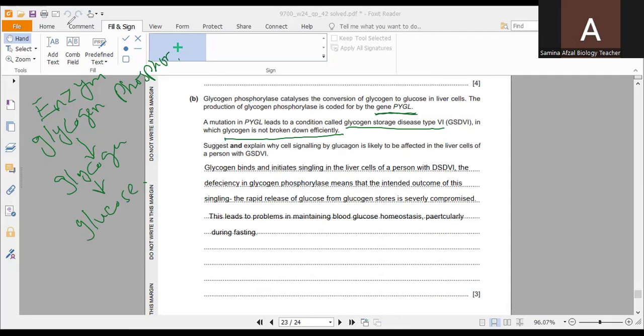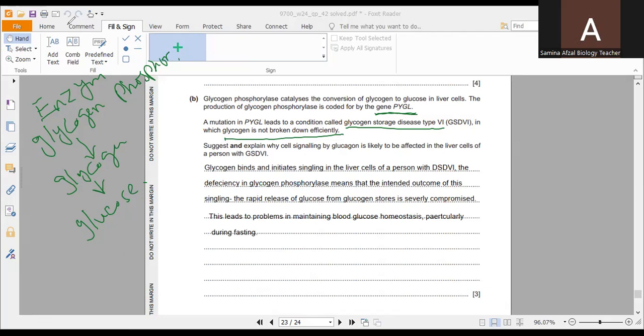Glucagon is that hormone which is secreted instead of insulin, when there is less glucose level inside the blood, and it normally stimulates the breakdown of glycogen into glucose. Glucagon is secreted by the pancreas when the blood sugar concentration is less than the set point.